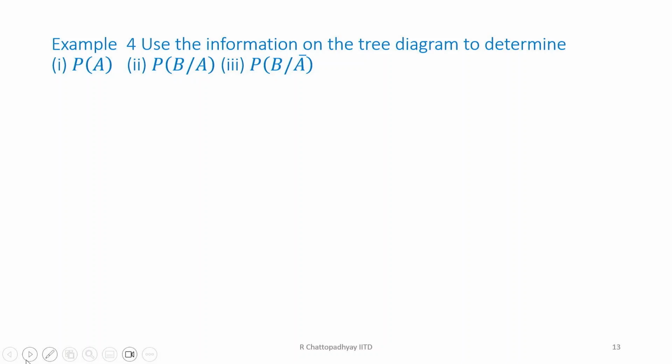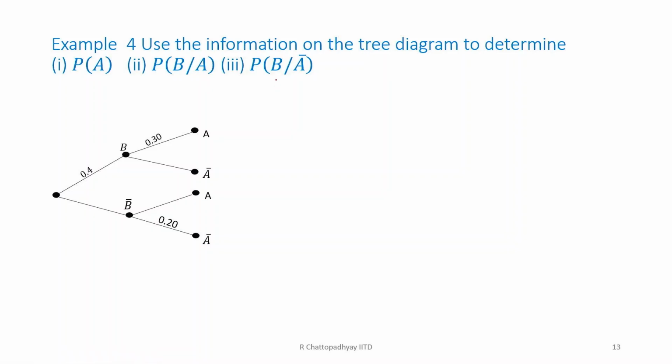And now one more problem that we are going to discuss. Example 4. Use information on the tree diagram to determine P(A), P(B given A), P(B given A bar). So now only a tree diagram is given.